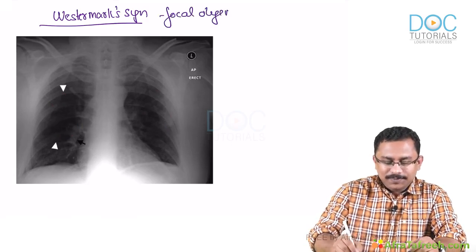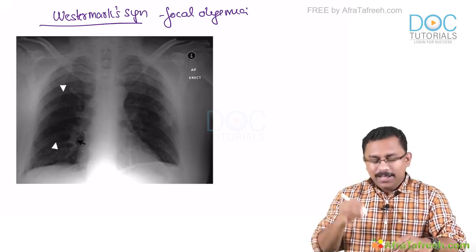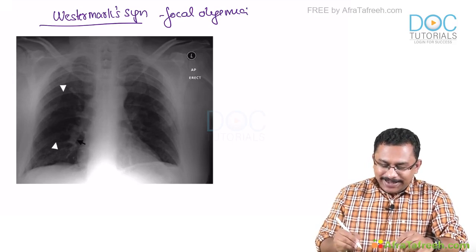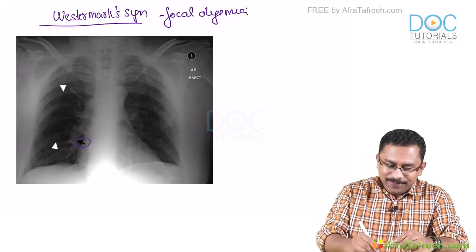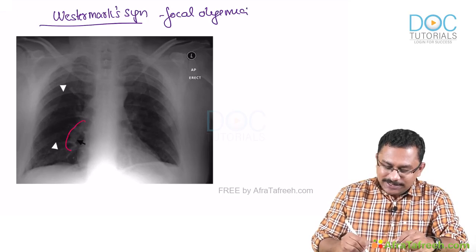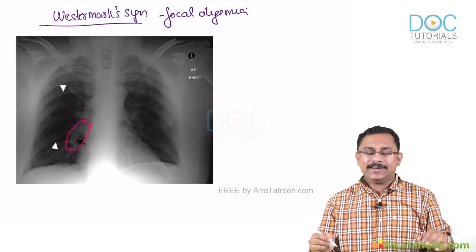Focal oligemia. Now another finding that you can observe if you carefully see, there is a black arrow as well in this picture. So in this X-ray the right descending pulmonary artery is dilated.